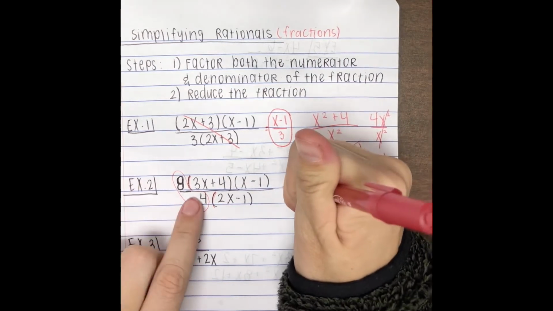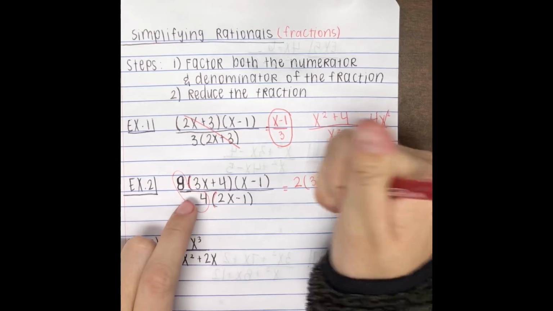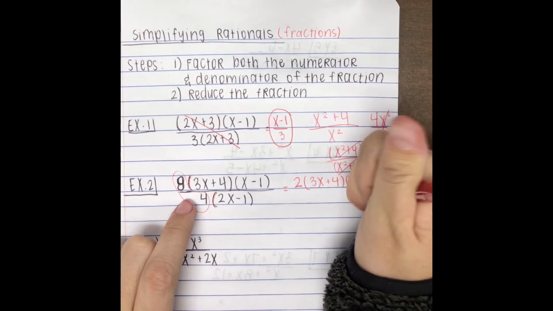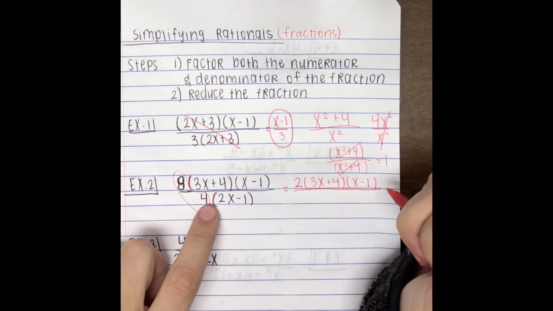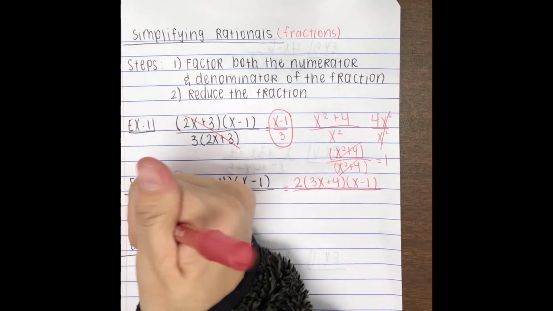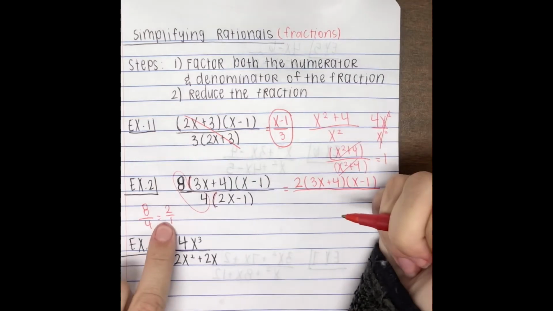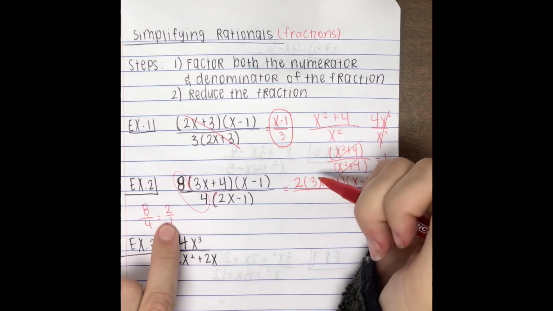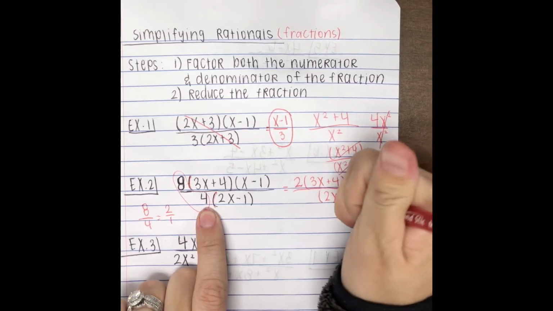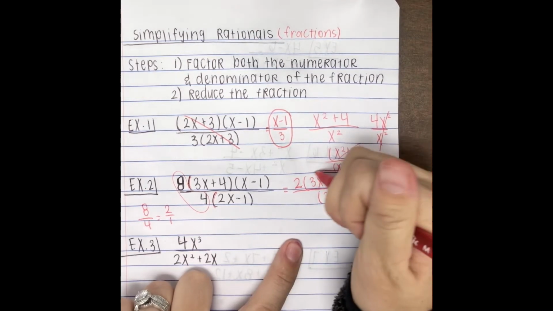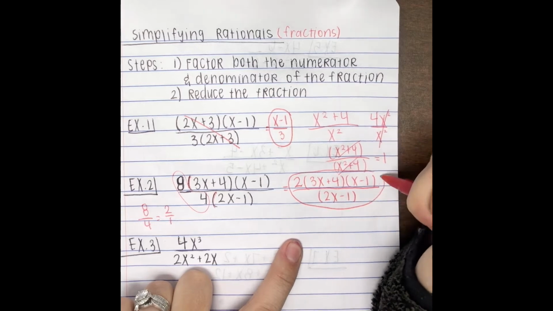So my answer would be 2 times 3x plus 4 times x minus 1. 8 divided by 4 is 2 over 1, so I left the 2 on top. The 1 on the bottom, I don't have to put the 1 being multiplied up front. I could just put the 2 times x minus 1. And this would be my answer.